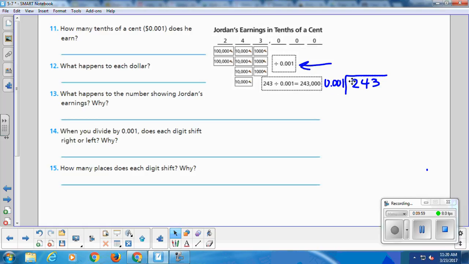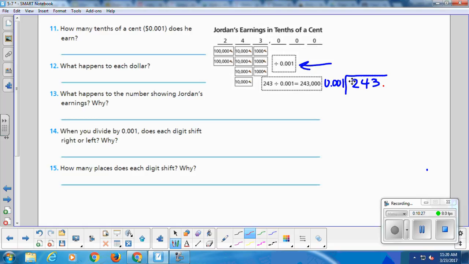How many places are there? Thousandth. Okay. Where's the decimal point in the $243 right now? So what am I going to do to this number? Shift it. Which way, Grayson? 3 times to the left.